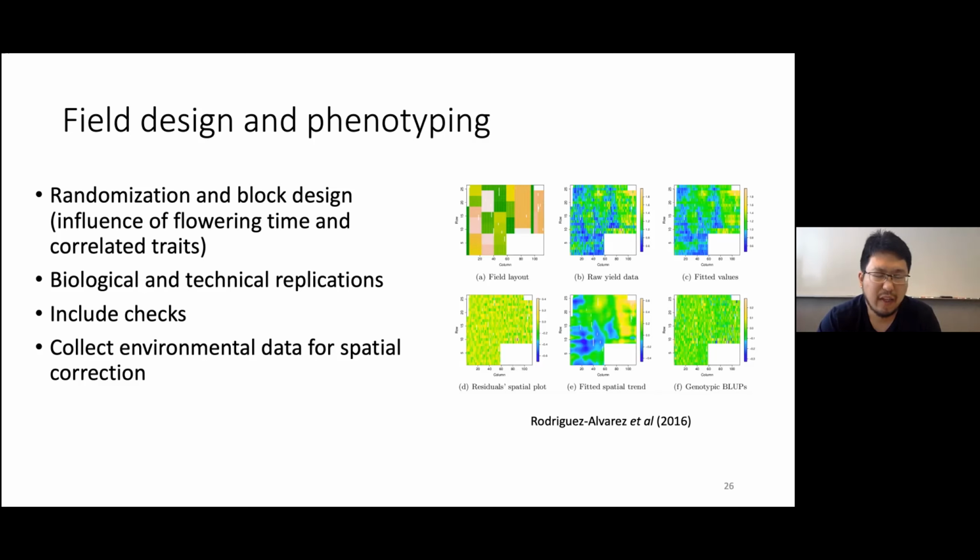You would also want to include checks across the field to provide information for later spatial corrections, because as the figures show here, spatial correction could improve your trait phenotyping results dramatically. So this is something to consider when you design your field experiment for your genome-wide association study.